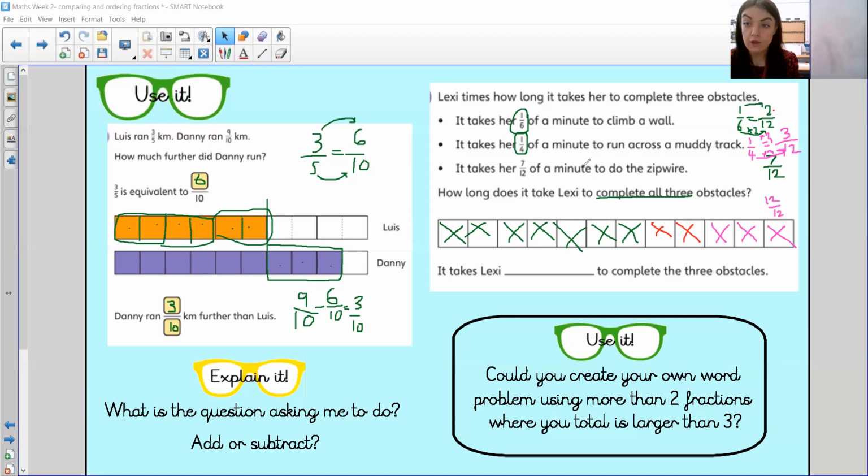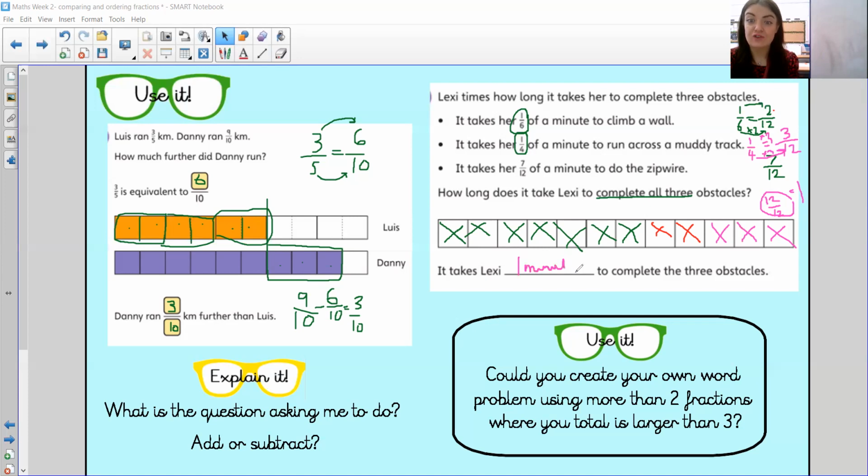Remember, each is less than 1. But if I've got 12/12, that is equivalent to what? That is equal to 1 whole. So how long does it take her to complete the obstacles if all of those parts of a minute add together to make 1 minute?